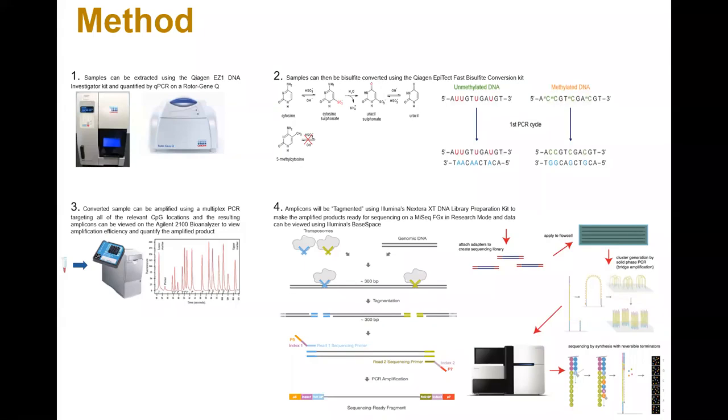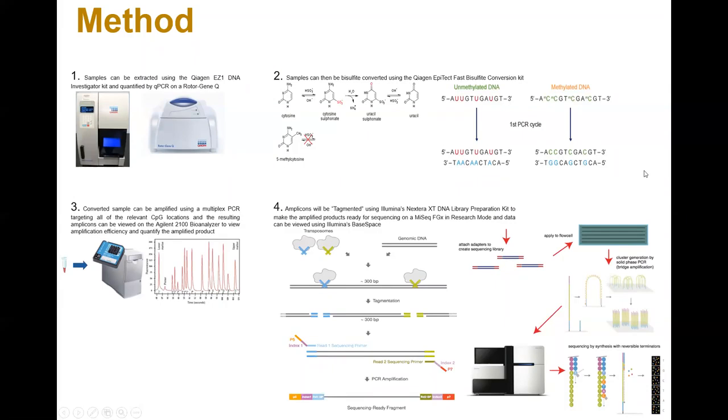For that, there are some methylation controls that QIAGEN sells alongside their bisulfite conversion kit. They will give you DNA that is 0% methylated and DNA that is 100% methylated, that you can carry alongside your samples through this entire process.